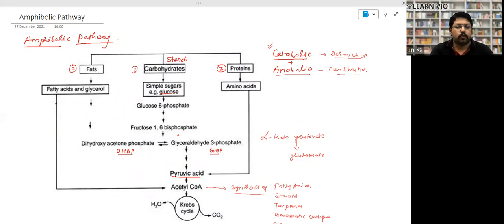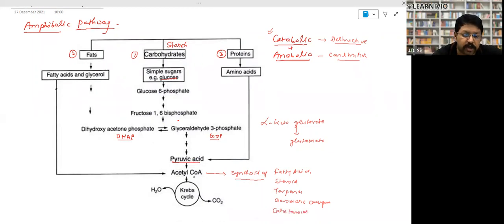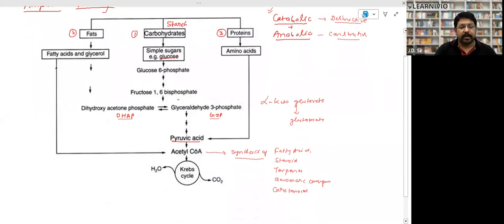So starch breaks down to glucose, right? Glucose will convert into glucose 6 phosphate in glycolysis, fructose 1,6 biphosphate, DHAP, then glyceraldehyde, G3P, then pyruvic acid. Pyruvic acid will convert into acetyl coenzyme A, and acetyl coenzyme A will go into the Krebs cycle and generation of energy will take place. Right?